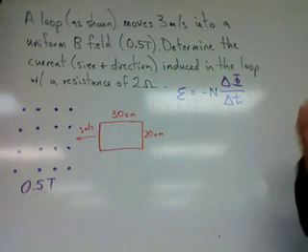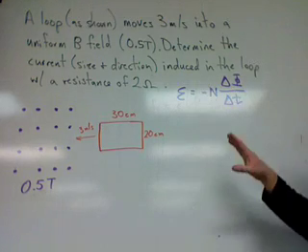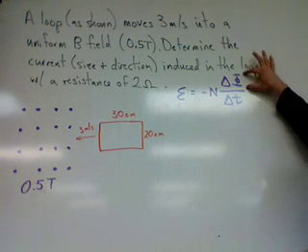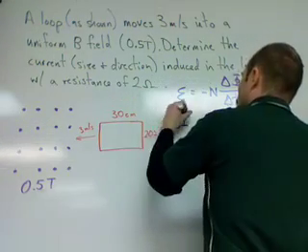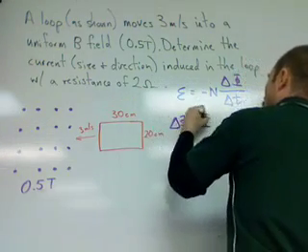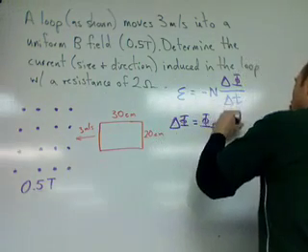So we're going to have to do a couple things here in this problem, actually a number of different things. First thing we want to do is find the change in flux. That's going to be your final flux minus your initial flux.